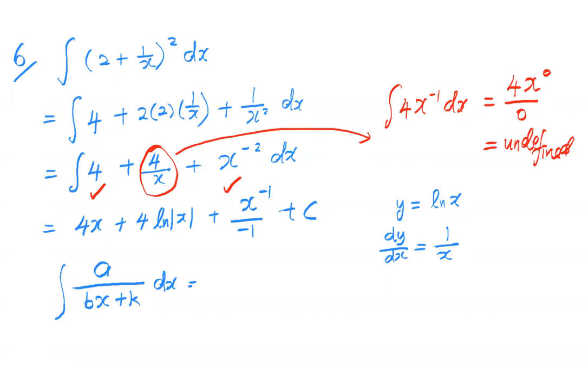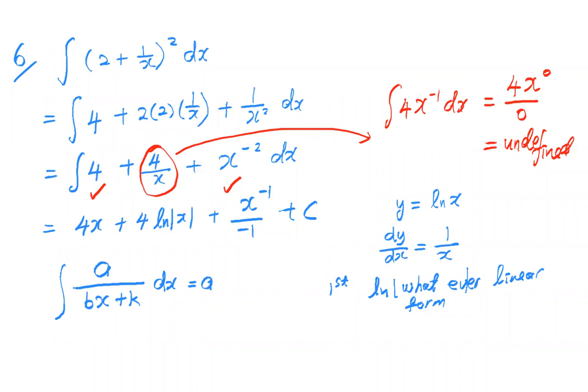So the answer will be, first step, write down the A, then ln of whatever is at the bottom, the linear form. I must stipulate linear form at the bottom.